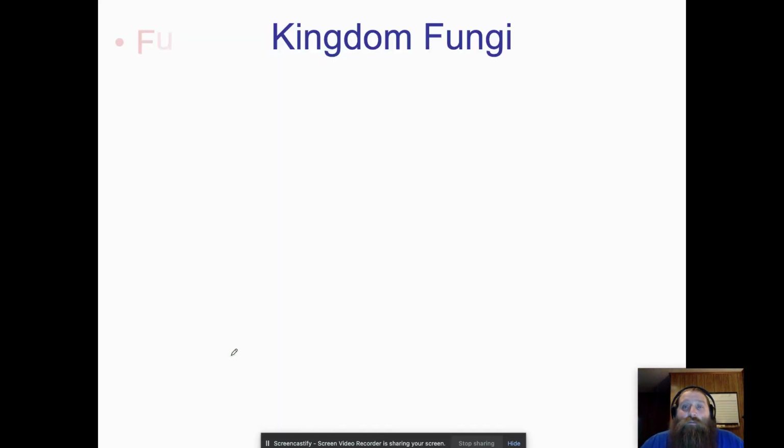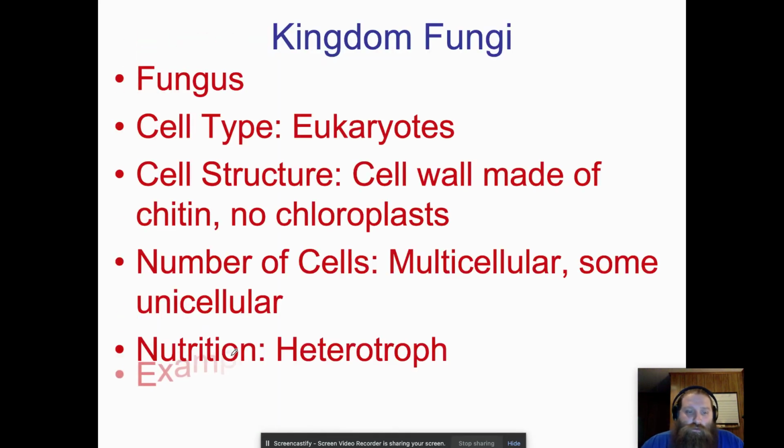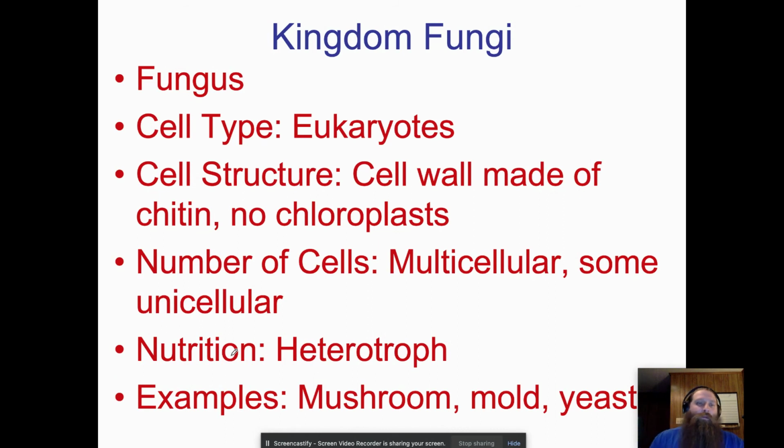The next kingdom is fungi, all right? These are the funguses, or the fungi, all right? They're all eukaryotes. Now, again, they have a cell wall, but it's made of chitin, all right? So when you see a fungus, it has a cell wall, but that doesn't mean it's a plant, all right? That's a different kingdom.